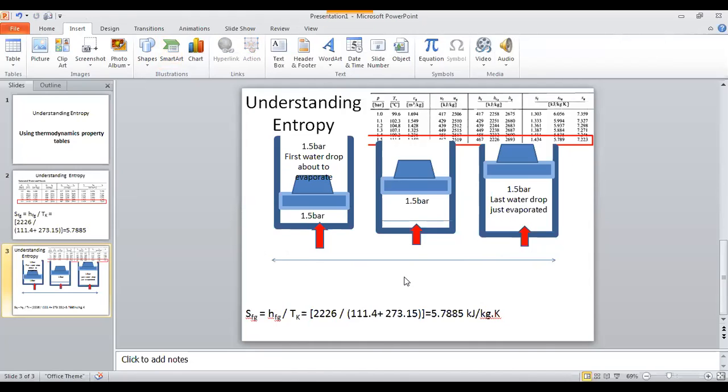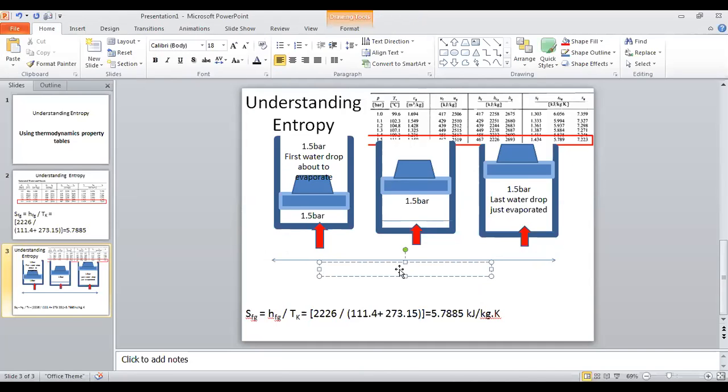So this is a longer time span and extremely slow heat addition.